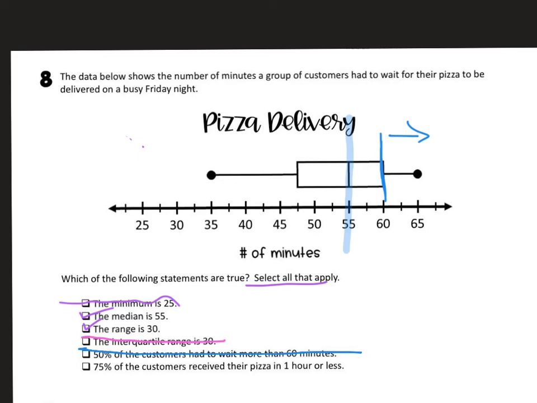75% of the customers received their pizza in 1 hour or less. Okay, I'm going to break this up in another way here, just to make this a little bit more clear. I'm going to break this up into 4 sections like that, okay? Because this right here is quartile 1, this is the first quarter, so this is 25% of the data.